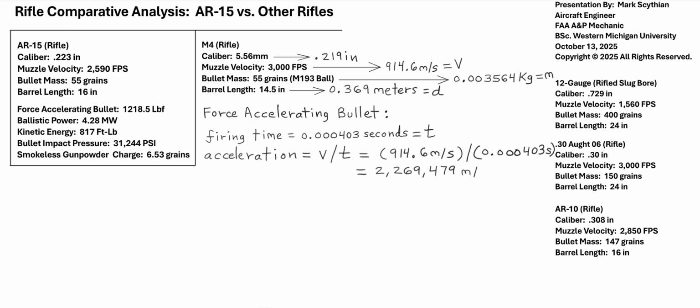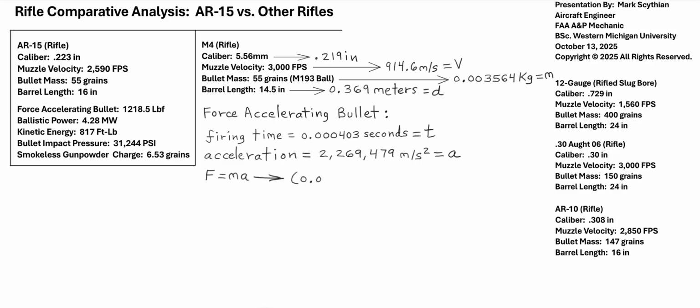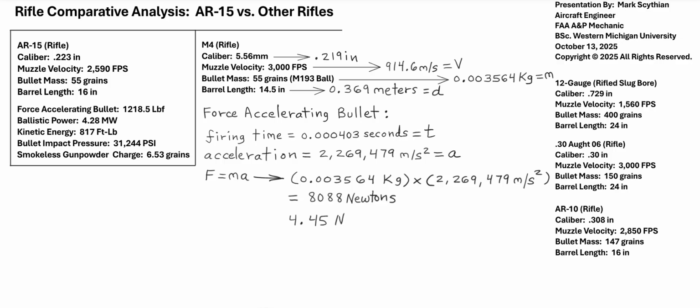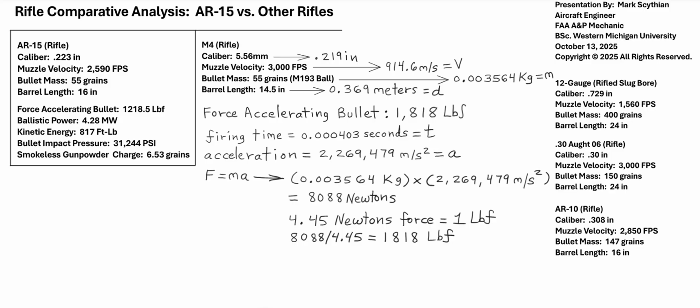So we have our acceleration in meters per second squared. And then we calculate the force accelerating the bullet, so that would equal 88 newtons of force. And of course 4.45 newtons of force is equal to 1 pound of force. So we can divide this value here, get 18 pounds of force.